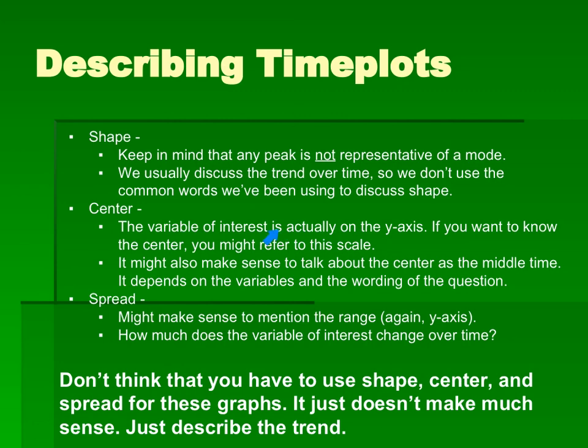Because our variable of interest is actually on the y-axis, you want to be careful. If you are asked the median, you should be able to find it, but you're looking at the y, not the x. And other things to mention here, you could mention the range, but again, look at that y-axis. We're looking at how much that variable changes over time, so that's what the range would represent.